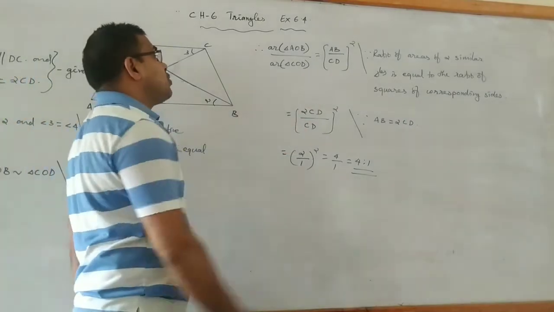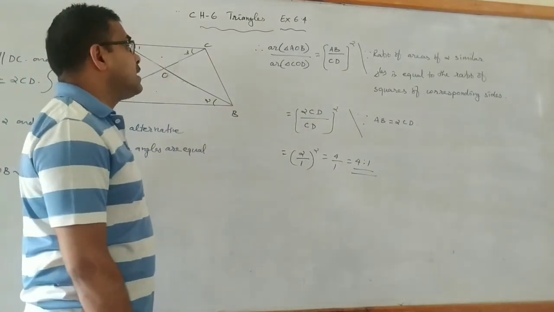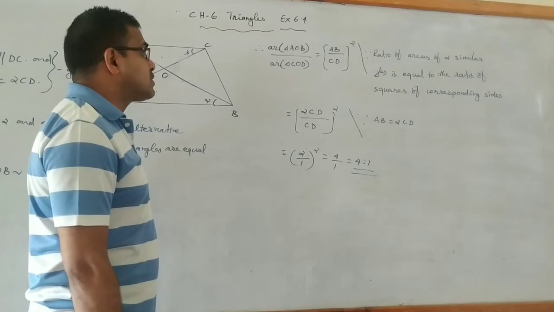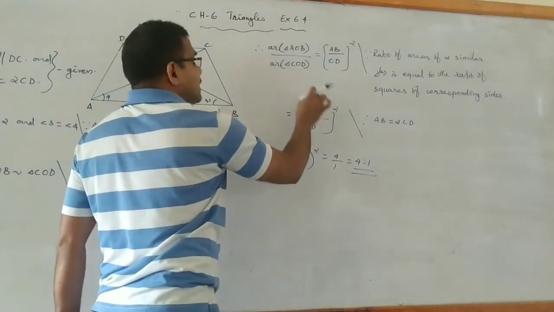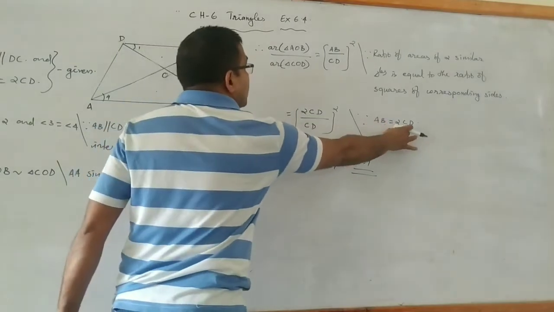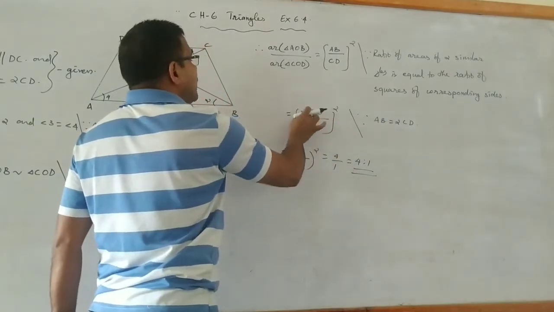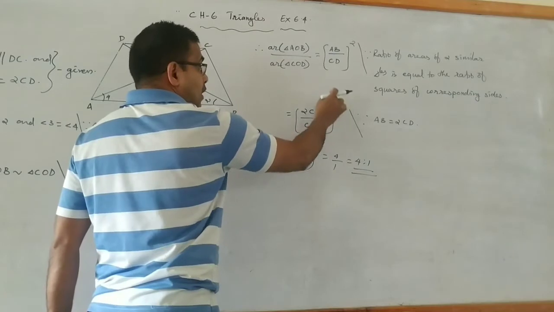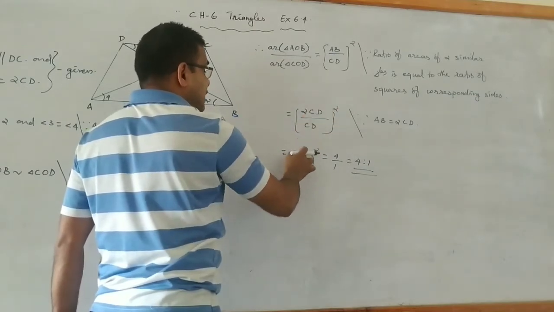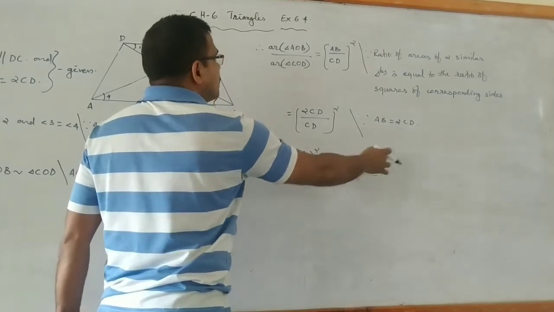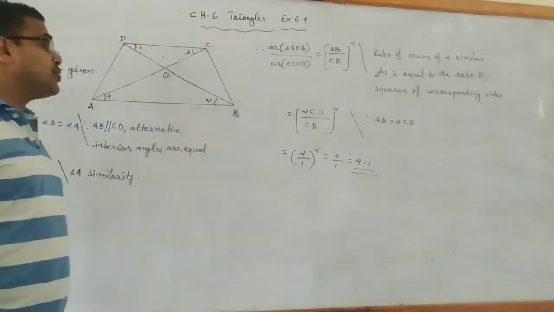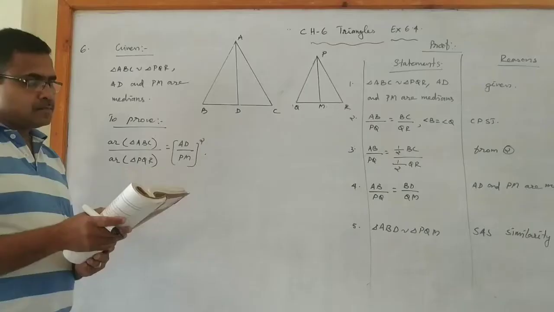Reason: the ratio of areas of two similar triangles is equal to the ratio of squares of their corresponding sides. Instead of AB we can write 2CD, because AB equals 2CD is given. That is (2CD by CD) whole square. CD and CD cancel, then (2 by 1) whole square equals 4 by 1, that is 4:1.